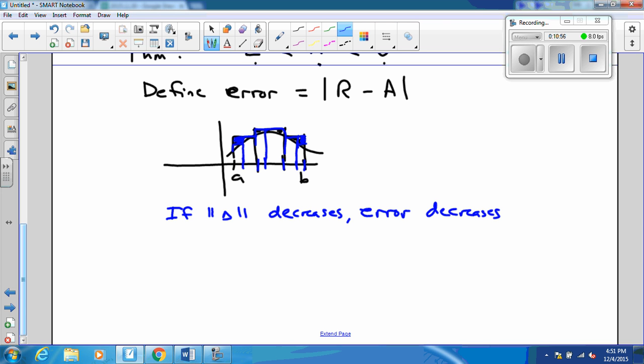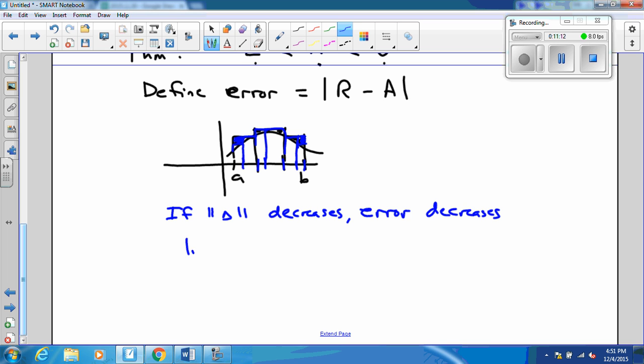All the shaded stuff is error that is no longer part of my Riemann sum. And so I've improved my estimate by decreasing the width of my rectangles. And to do that, I had to have more rectangles.